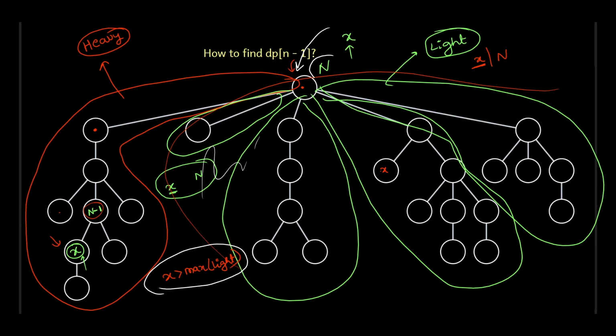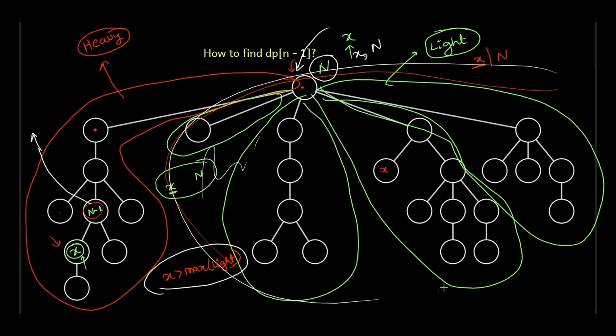And then you have found one way for n to append to an existing element. And of course n minus 1 by definition holds this power, because n minus 1 is powerful enough to clear this entire light set.